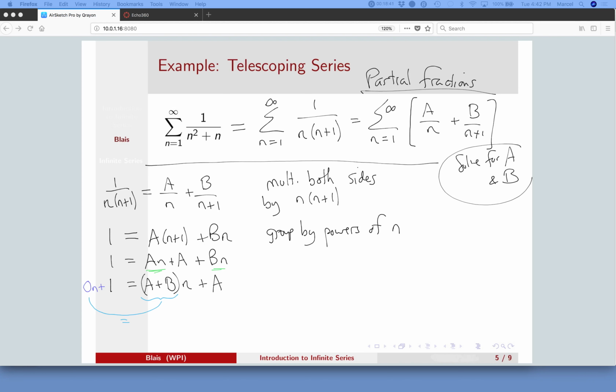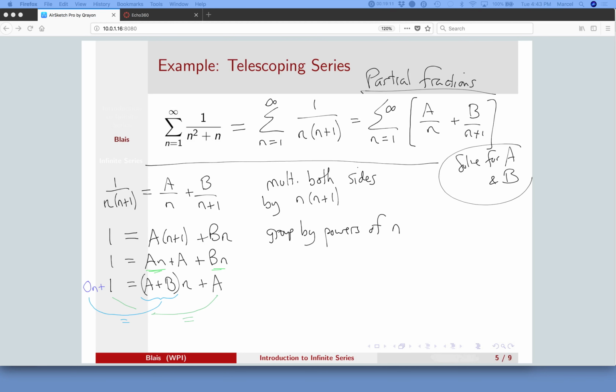The coefficient of 1, you can think of that as 1 times n to the 0 on the left, has to match that on the right. So in order for this equality to hold for all n, you need these coefficients to match. For instance, if there was an n squared term on the left and an n squared term on the right, you would match their coefficients as well.